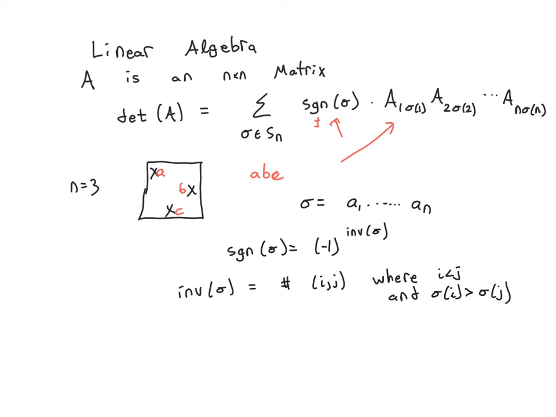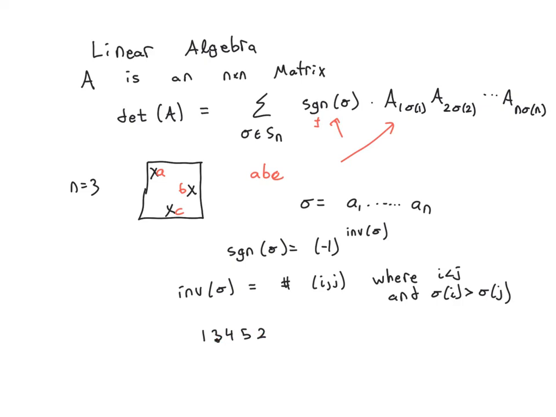So for instance, if I take a permutation 1, 3, 4, 5, 2, let's see if I can't count the number of inversions. So basically I'm looking for pairs where the larger number occurs earlier than the smaller number. So for instance, I see 3, 2.